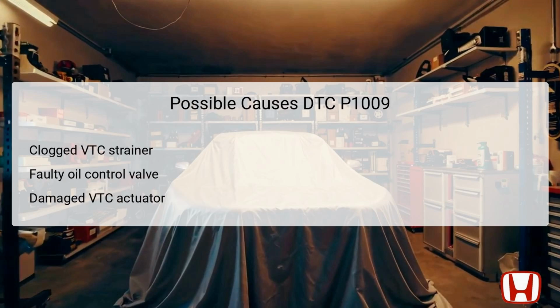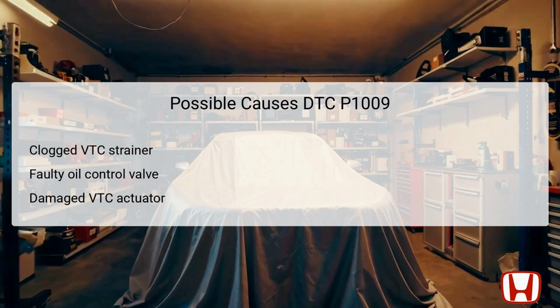There are several possible causes for DTC P1009. One common issue is a clogged VTC strainer, which can hinder oil flow and result in impaired timing adjustments. Another possible cause is a faulty VTC oil control valve. If this component fails, it cannot regulate the oil pressure to the actuator, affecting the entire VTC system's performance.